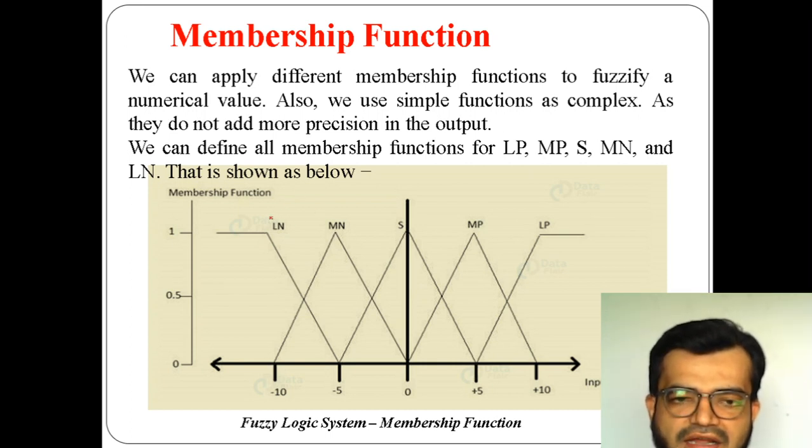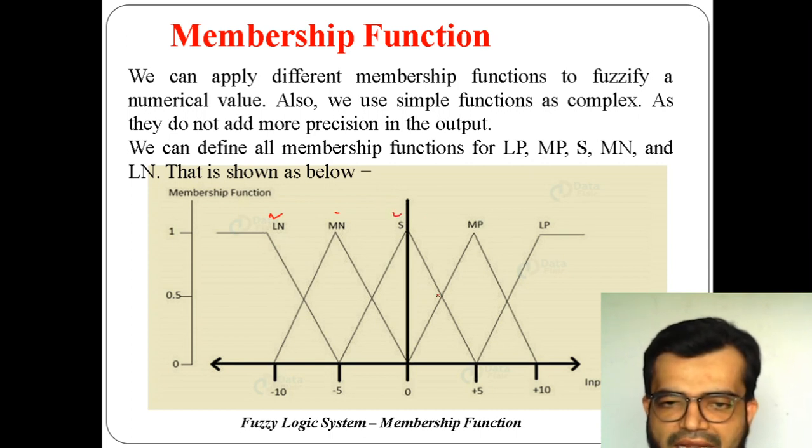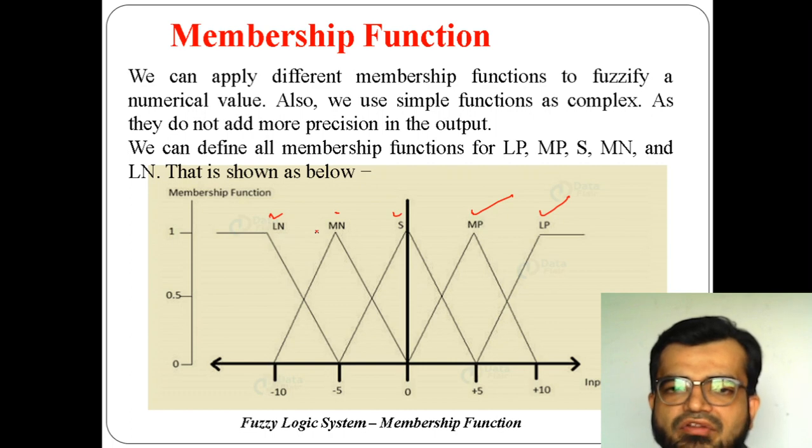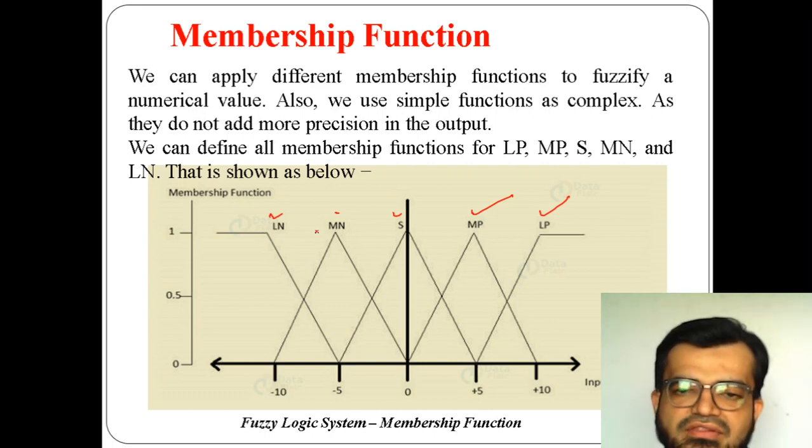LN refers to large negative, then medium negative, small, medium positive, and large positive. So you can take plus 5 to plus 10, 0 to plus 5, 0 to minus 5 is in between medium negative and small, and minus 5 to minus 10 is in between large negative to medium negative. This is also triangular, same as the previous one.